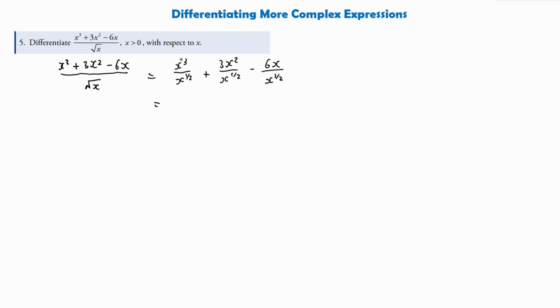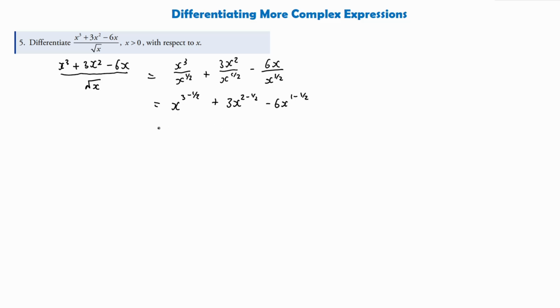So if you remember, if you divide x cubed by x to the half, you subtract the powers. So we're going to get x to the 3 minus a half. And I'll just write this all out. We get 3x to the 2 minus a half, minus 6x to the 1 minus a half.